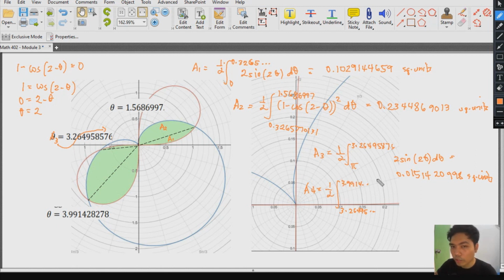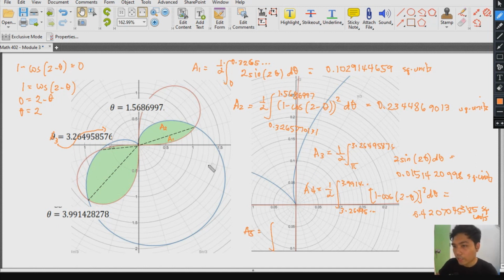So yun. And then you could just write 1 minus cosine of 2 minus theta quantity squared and then the theta. So this gives us a value of 0.4207045 square units.